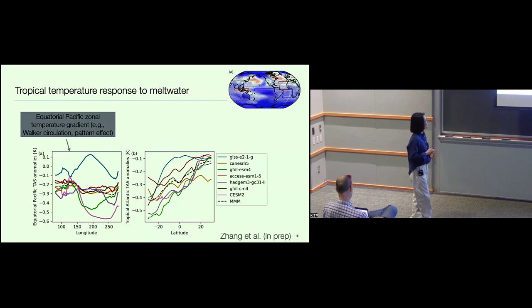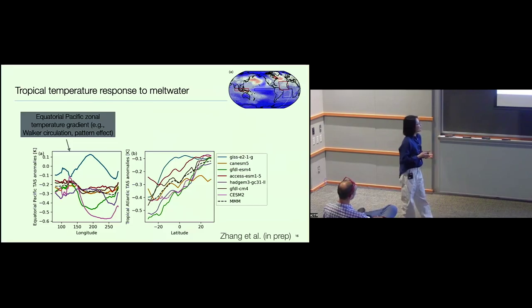Most models show a strengthening of the zonal gradient. This is the warm pool and this is the cold tongue. Climatologically, this is warmer, and the models cool less in this region and cool more around the cold tongue region, except for one model which shows a pretty complicated zonal pattern in the temperature.